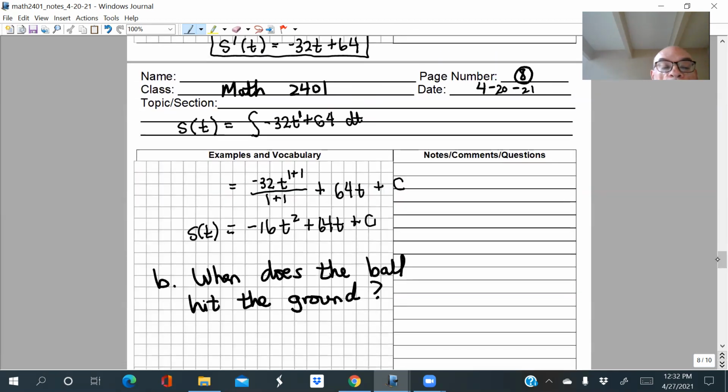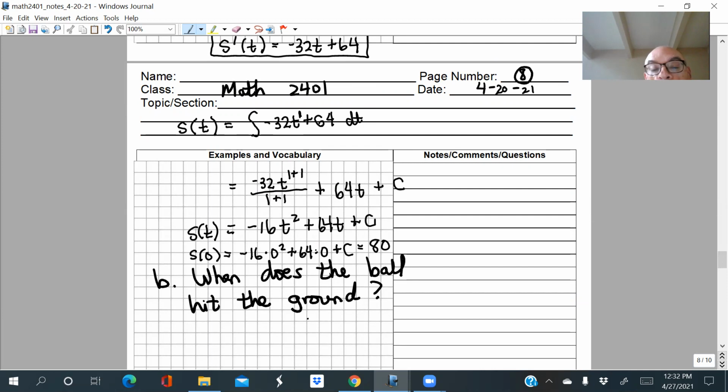So we can make use of that information. I know that s of 0, which by this formula is minus 16 times 0 squared plus 64 times 0 plus this constant, has to turn out to be 80 because the initial height of the ball was 80.